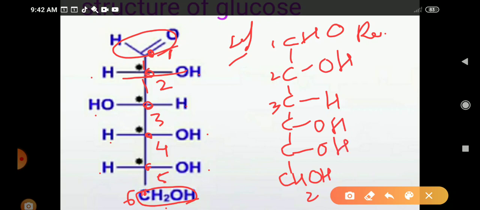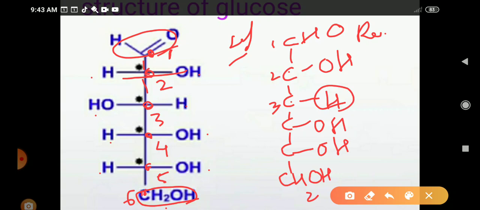Is this clear? How can we easily remember the structure of glucose? First, you need to write 6 carbons vertically. The first carbon is aldehyde, the last carbon is primary alcohol. 1, 2, 3. On the third carbon you have to keep H, that is hydrogen, on the right side, and all the rest of the carbon atoms have OH on the right side.